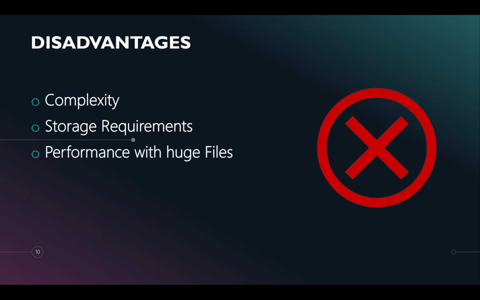Performance with huge files. Git performs well with text files, but it has trouble with huge binary files, such as multimedia or graphical files, which might cause fetching and cloning to take longer than expected. Absence of GUI. Although Git comes with a number of GUI features, some users might find it difficult to operate the program without a graphical user interface.